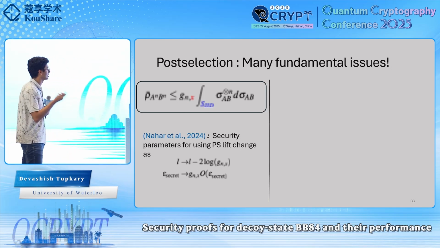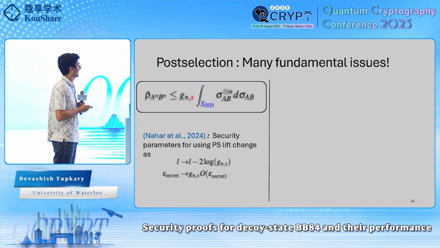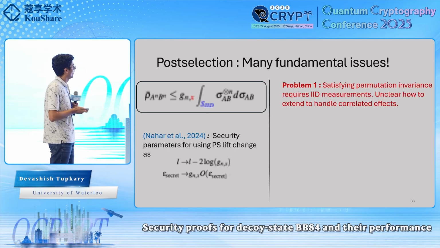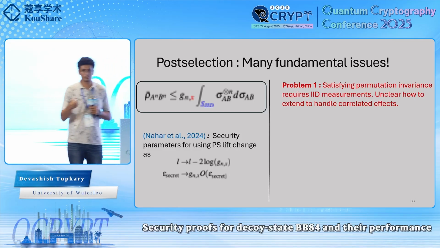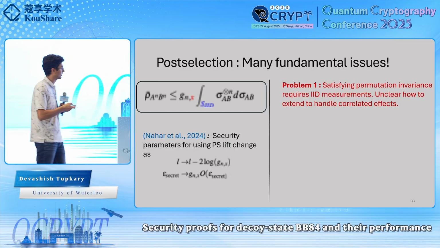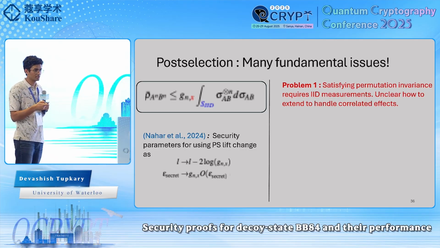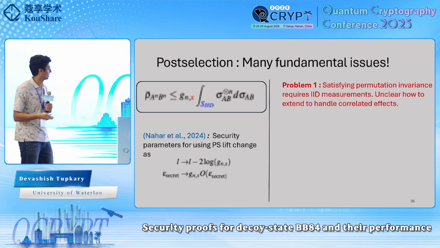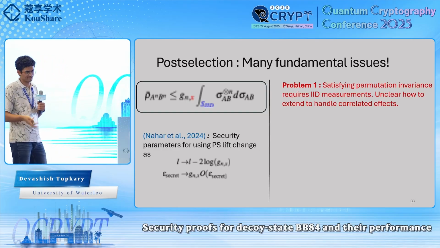Okay, so all right, we can do the IID calculation as well. So why not use the post-selection technique? It sounds pretty great. It's not that great, mainly because we have to satisfy permutation invariance of the protocol in order to use this technique. And the way we can do it is we can actually implement a random permutation on the classical data we get right after doing our measurements, which is fine.